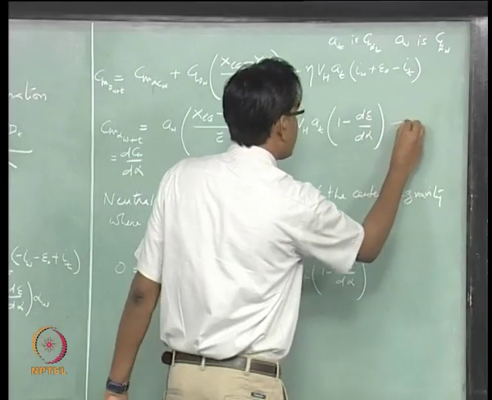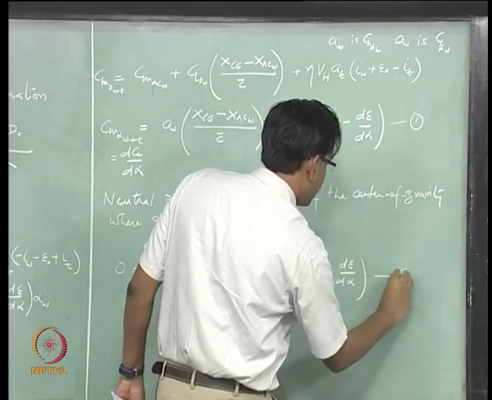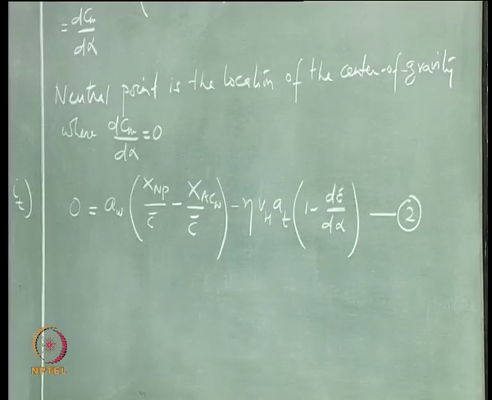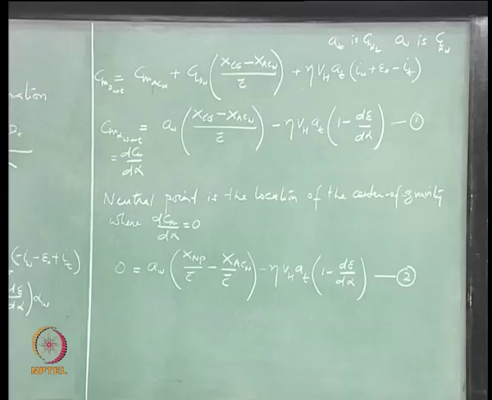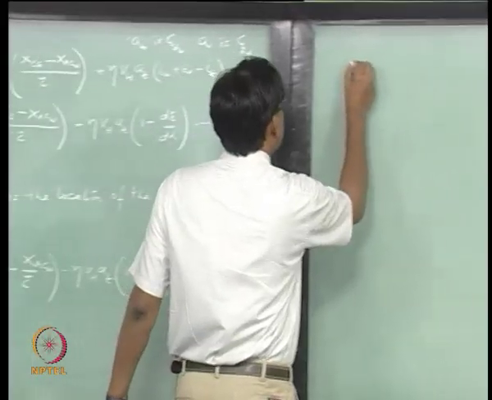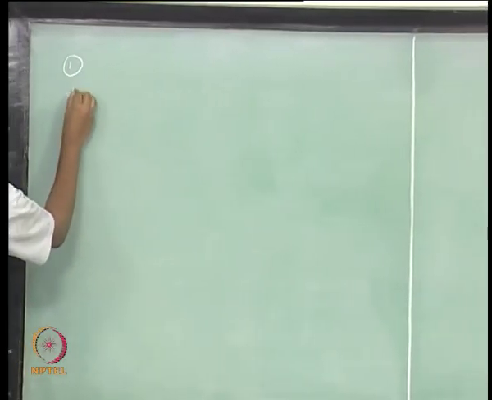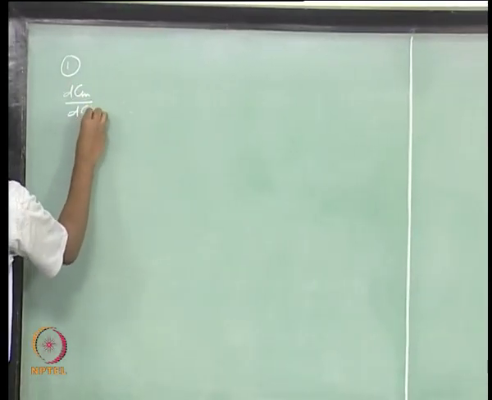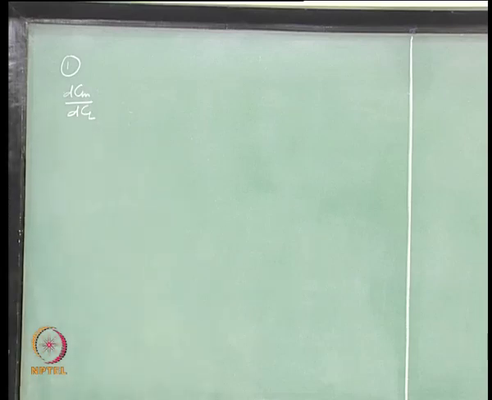Let us call this 1 and the other one is 2. And let us subtract 1 from 2. Okay. So, let us first also rewrite this equation 1 in some other form, which is dCm over dCl. Okay. So, many books you will see they are finding an equivalent expression for this, which is dCm over dCl.